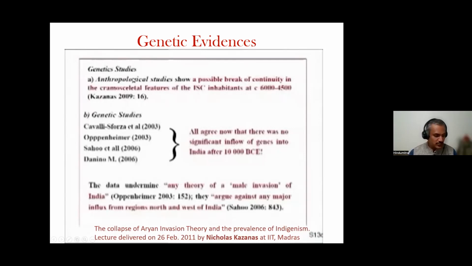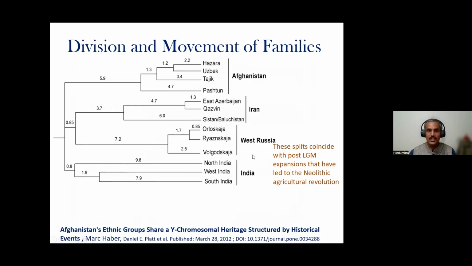In addition to that, the genetic studies clearly say that there is no inflow of any people after 10,000 BC. And the 2012 study of the ancestry of Afghani people also pointed to the same theory, that the Bharatiyas, the North Indian and South Indian population, divided.